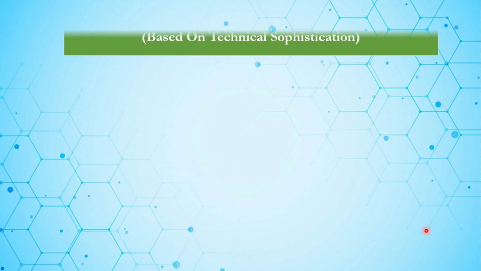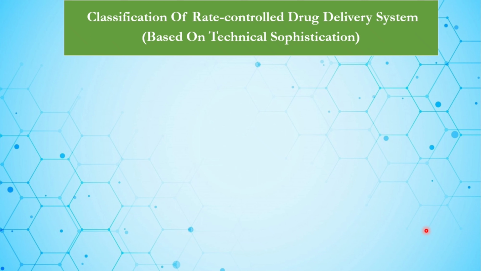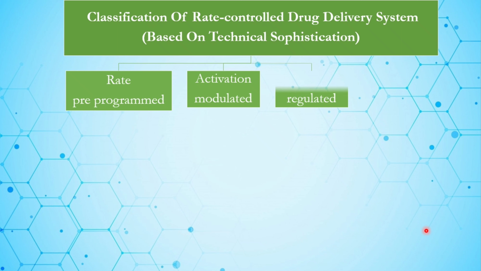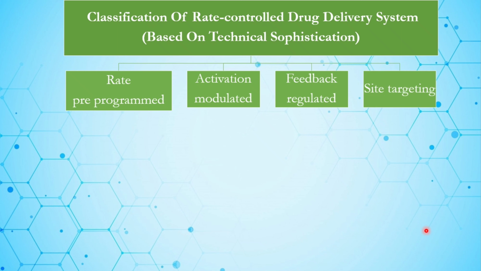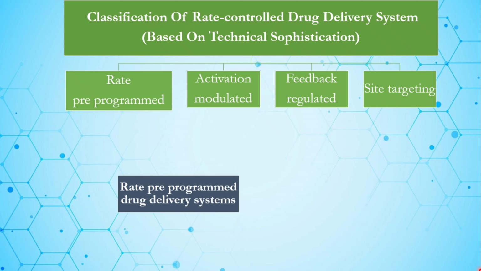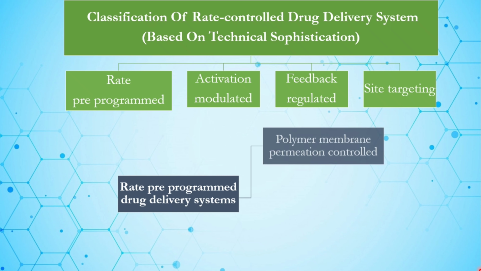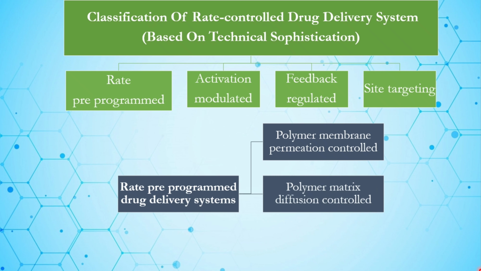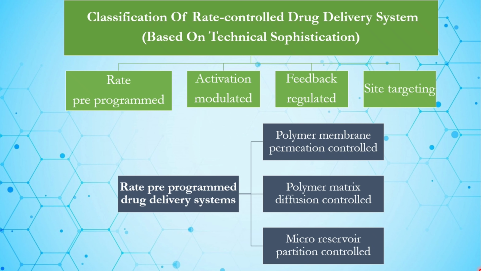Based on technical sophistication, rate-controlled drug delivery system is classified into rate pre-programmed, activation modulated, feedback regulated, and site targeting. The rate pre-programmed drug delivery system is classified into polymer membrane permeation-controlled, polymer matrix diffusion-controlled, and micro-reservoir partition-controlled drug delivery system.